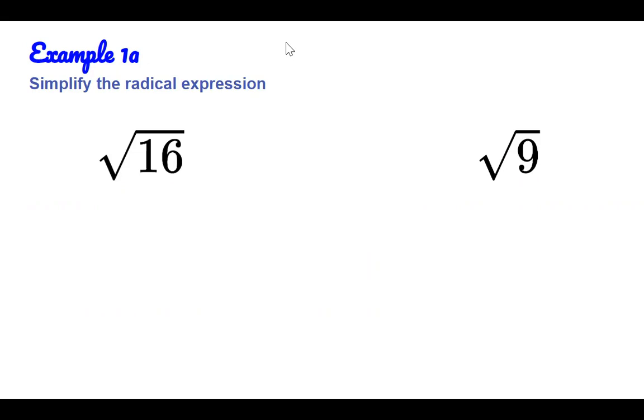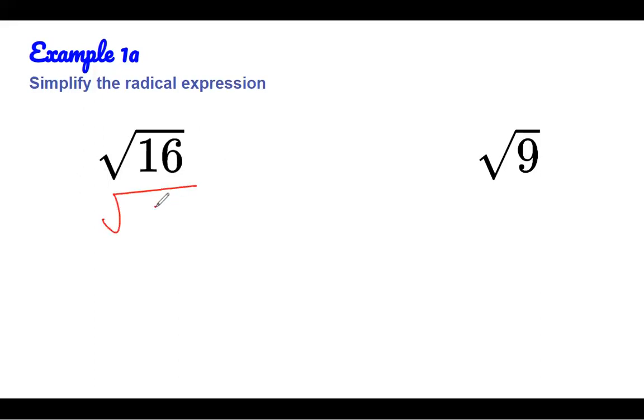Now, for the first one, we have square root of 16. How do we simplify this one? Square root of 16. So it'd be what? Square root of 4 squared, which is now what? Beautiful 4. What would be the solution for this one?